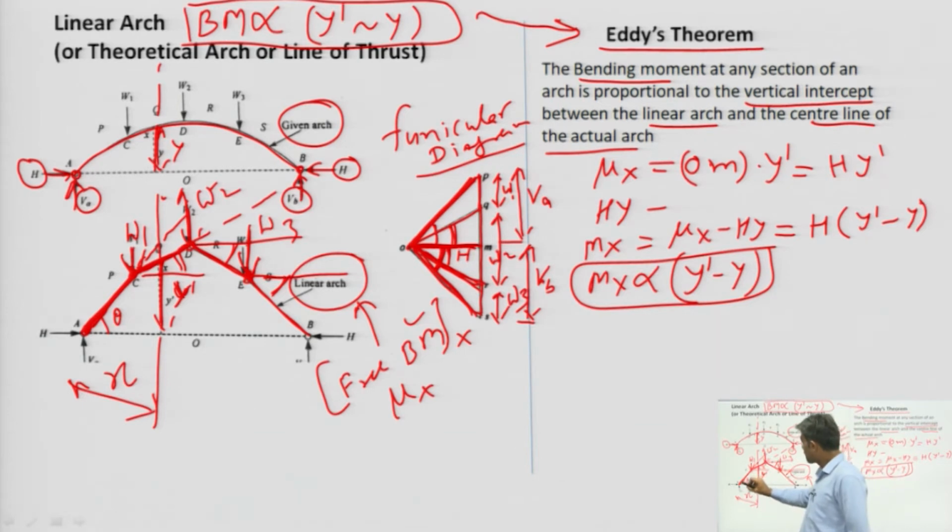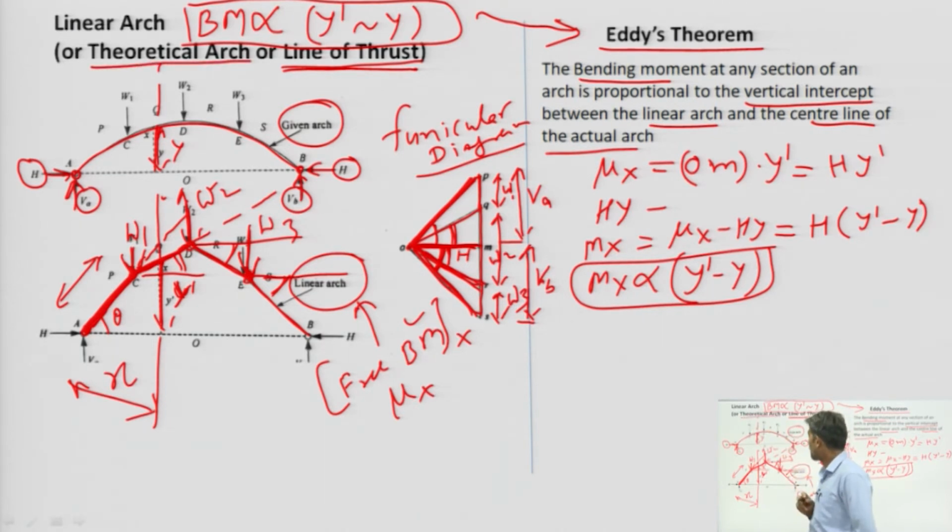Since members AC, CD, DE, EB have compression, pushing force only, that linear arch also represents the line of thrust. It is also known as the line of thrust. It is a theoretical arch.